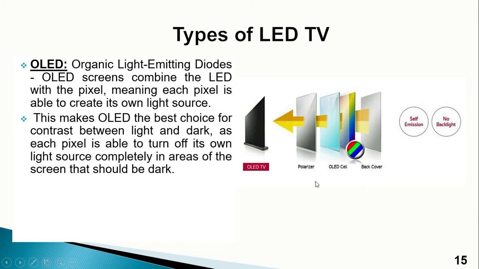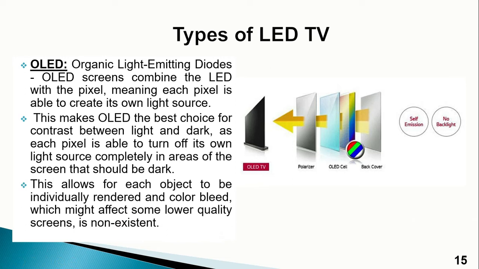This makes OLED the best choice for contrast between light and dark, as each pixel is able to turn off its own light source completely in areas of the screen that should be dark. This allows for each object to be individually rendered, and color bleed, which might affect some lower quality screens, is non-existent.